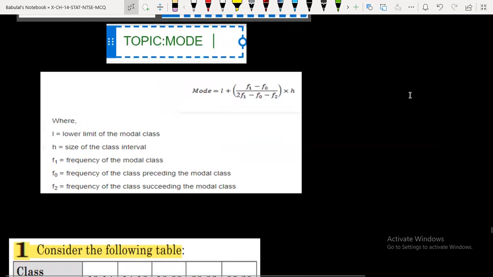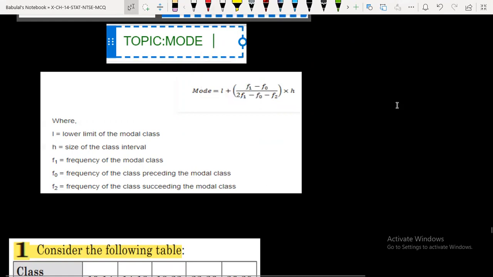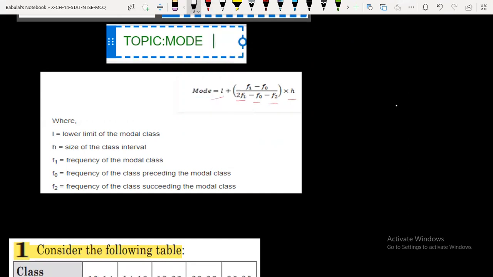So this is the formula for the mode of the given data. Mode is equal to L plus (F1 minus F0) divided by (twice of F1 minus F0 minus F2), into H. Now we also have to see what these symbols mean.